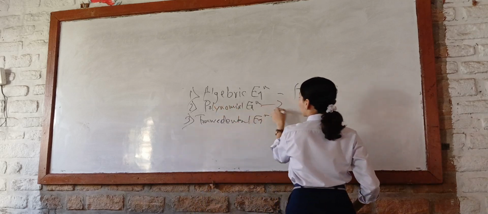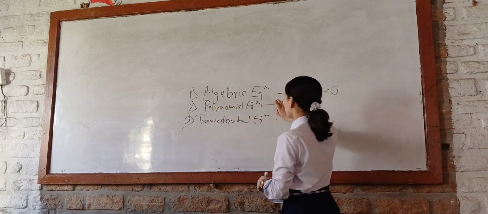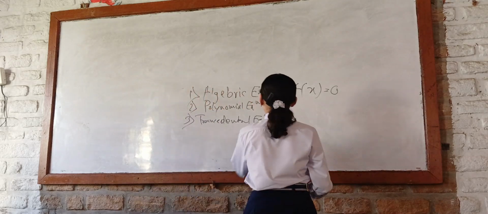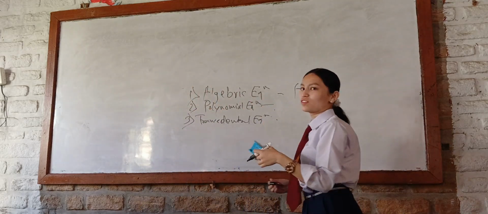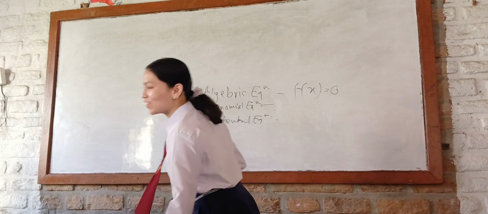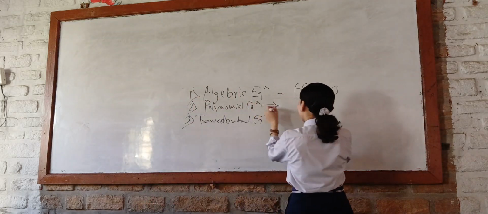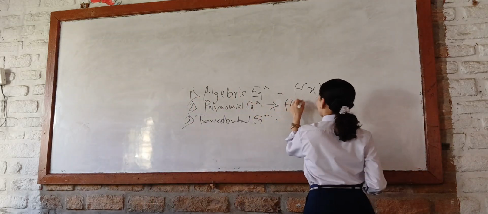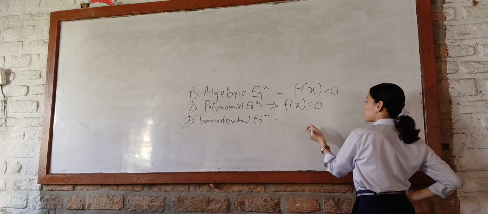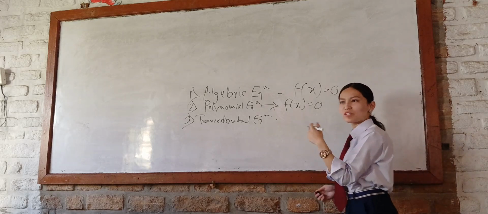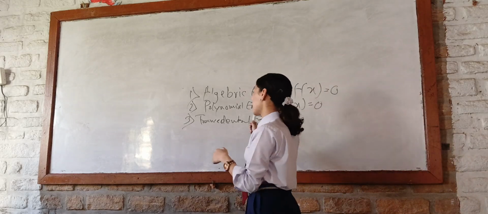Polynomial equations are those equations where the function is a polynomial. If the function is equal to 0 and it is a polynomial of some degree, then it is said to be a polynomial equation.